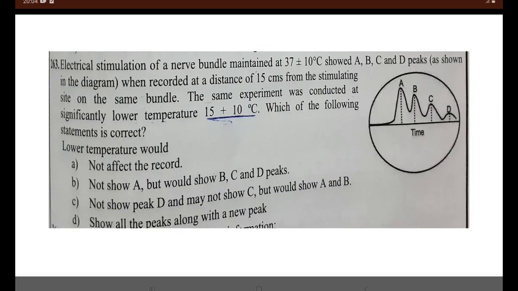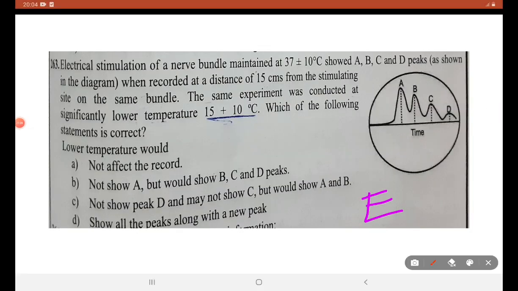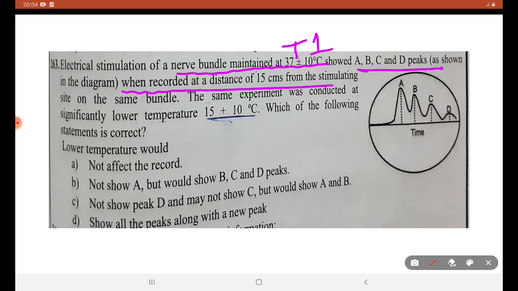Next question. Simple question from electroencephalogram. It is an electrical stimulation of a nerve bundle maintained at temperature T1, 37 plus or minus 10 degrees Celsius, which showed A, B, C, D peaks when recorded at a distance of 15 cm from the stimulating site on the same bundle.